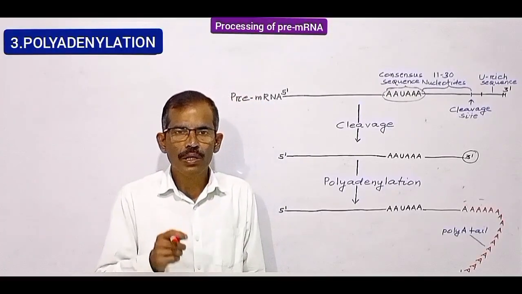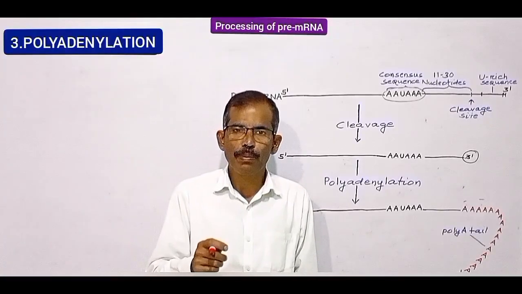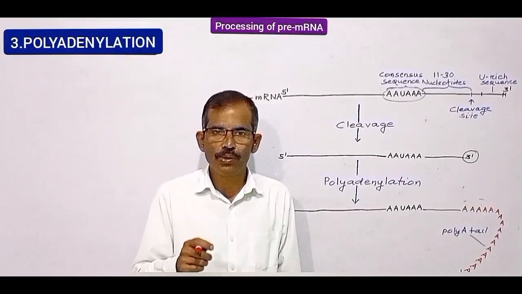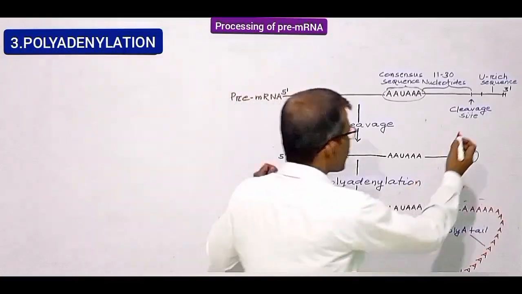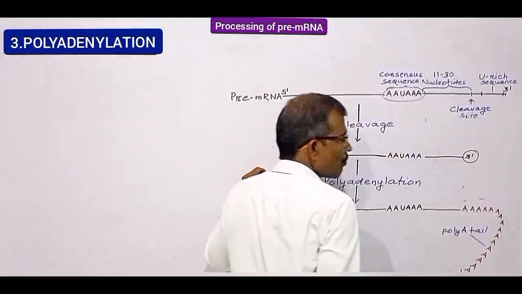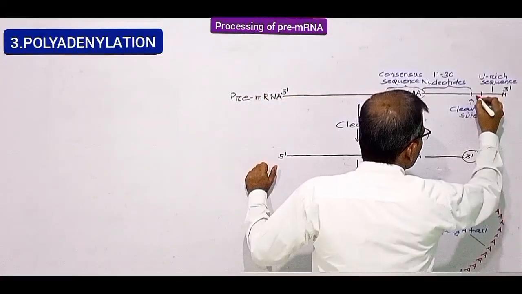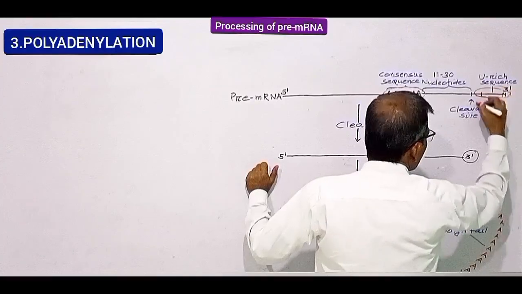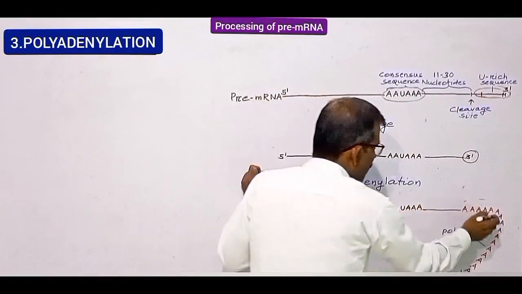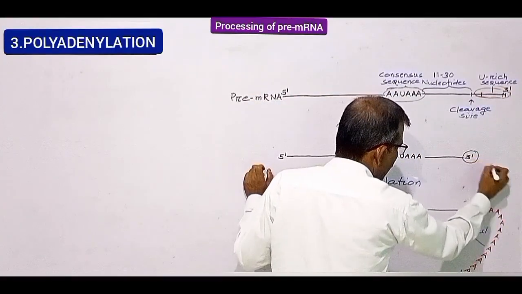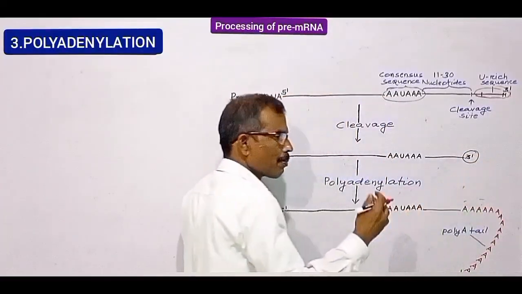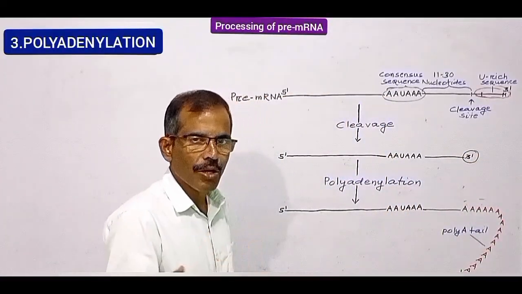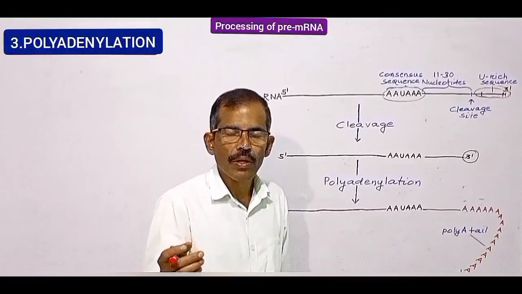Many eukaryotic genes transcribed by RNA polymerase II are transcribed well beyond the end of the coding sequence. Most of this extra material is cleaved, and then adenine nucleotides are added to the new 3' end by a process known as polyadenylation.